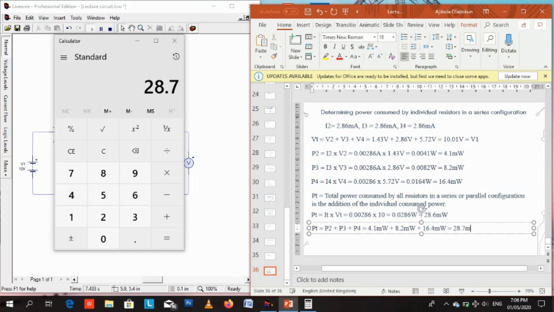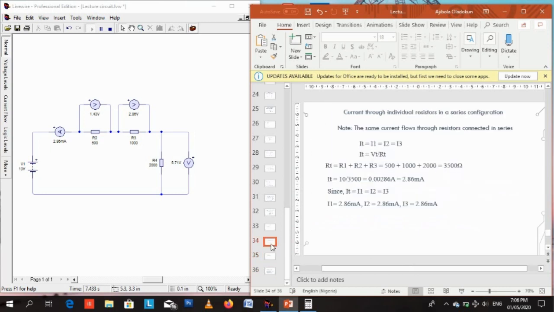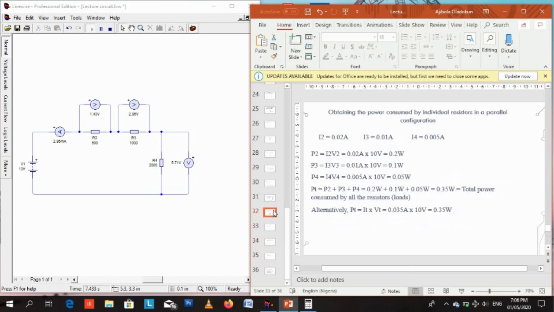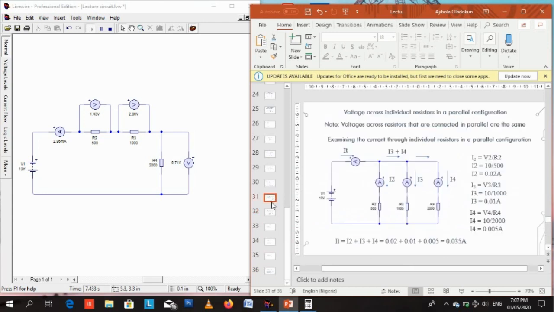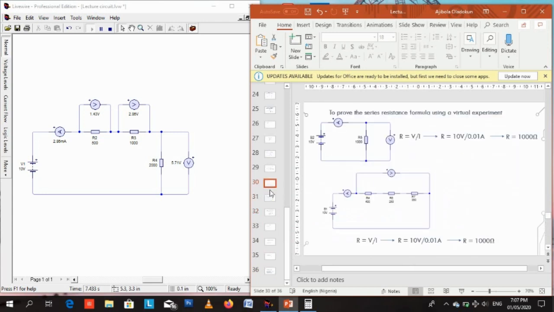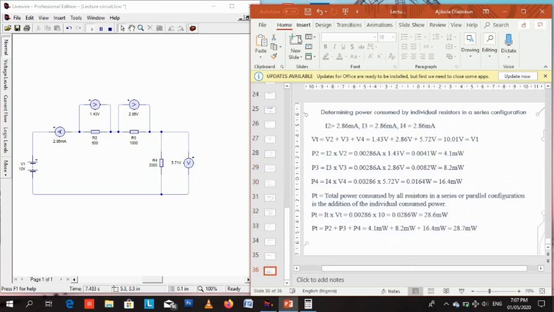Now remember that when we calculated PT using IT times VT up here, it was 28.6 milliwatts. So there should not be too much difference. It should be approximately the same thing. If you add all the individual powers together to get a total power, it should be almost the same as using IT times VT. It's just an alternative approach to getting the same thing. So PT should be around the same value, regardless of whether you use IT times VT or add all the individual powers consumed in the circuit.